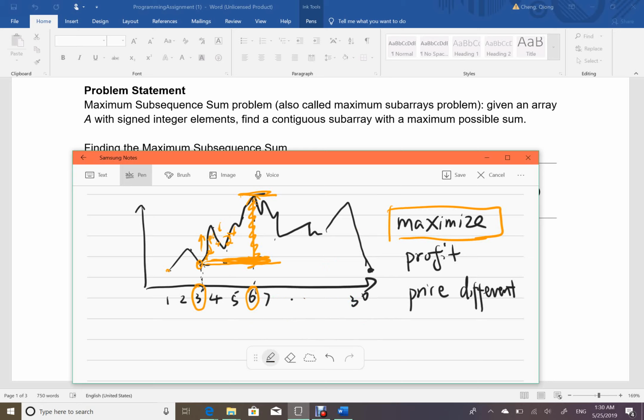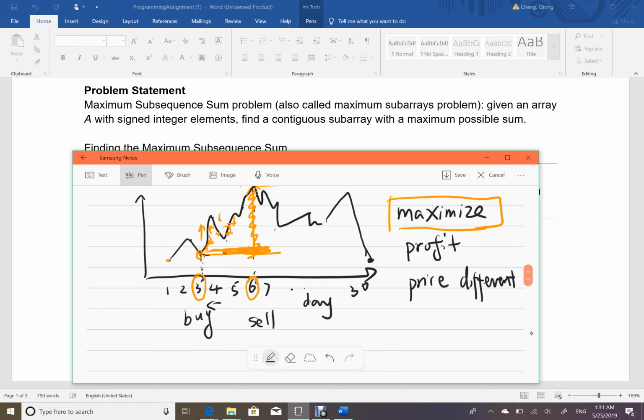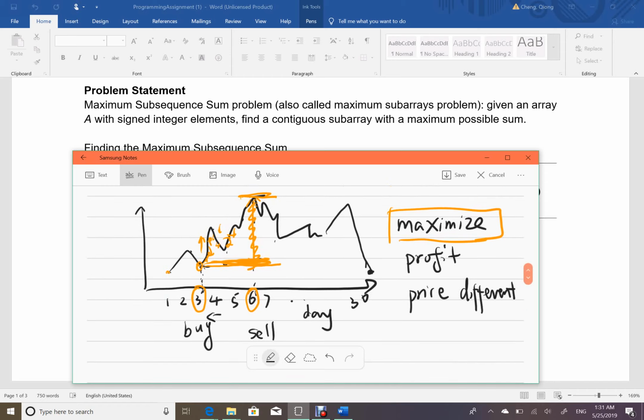We say no, because we need to make sure the day you buy is before the day you sell. This is the day. We need to make sure this is happening before that. And we're most interested in the aggregated price difference. This we care about.